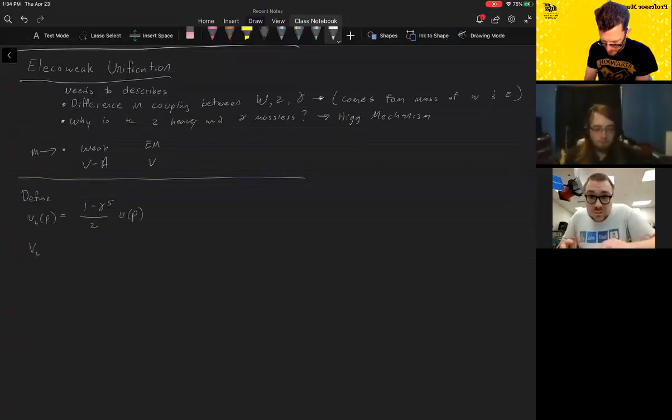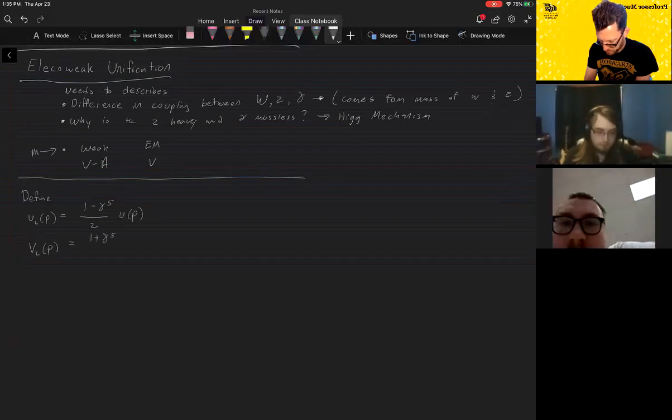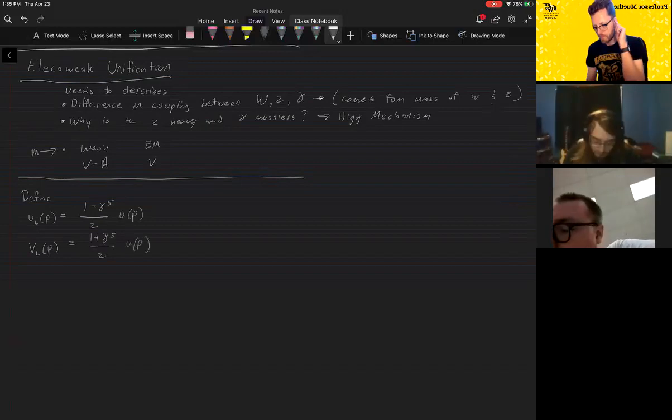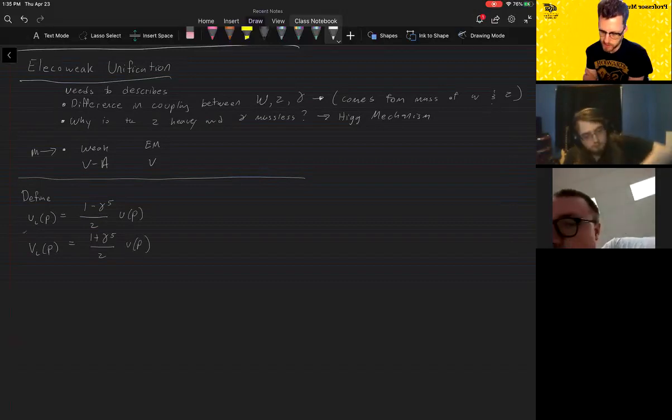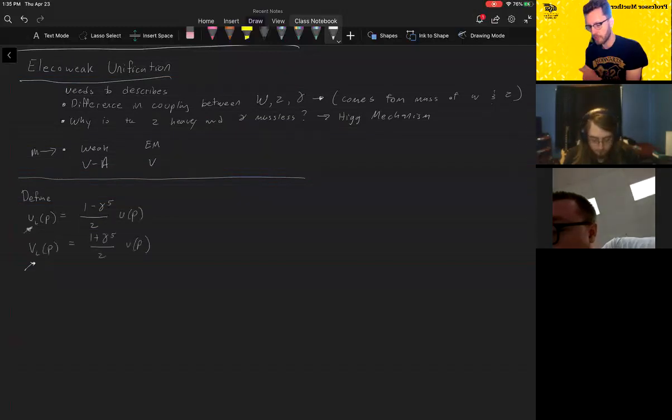And I'm going to define a v state that looks very similar, but it has the plus sign here, v(p). Okay. So again, the u's and v's are our normal spinor states, but now we're defining this special version that we're going to call the left-handed. So in a certain frame of reference, this is just picking out the left-handed component of our ordinary spinors.